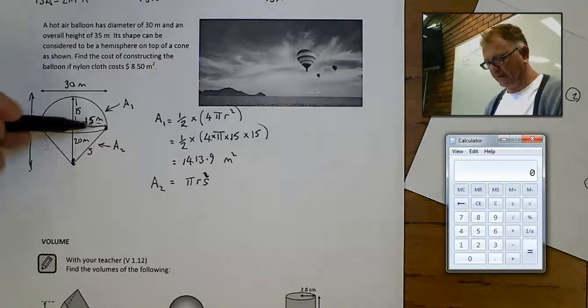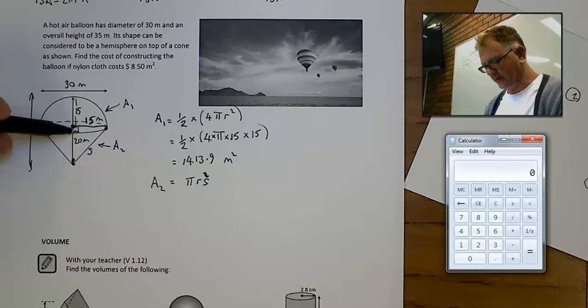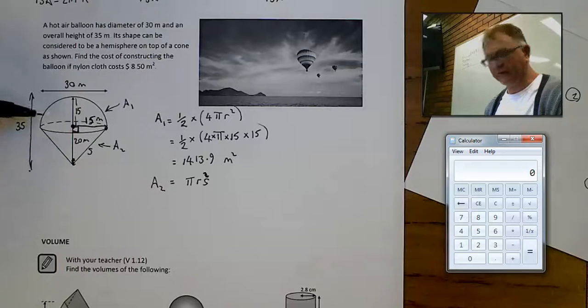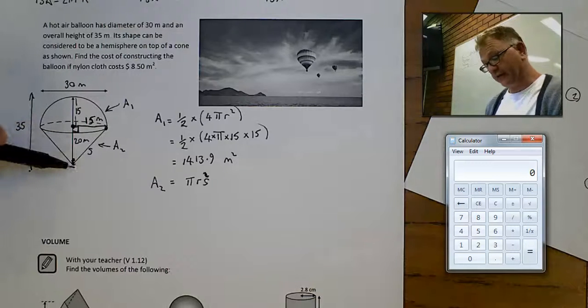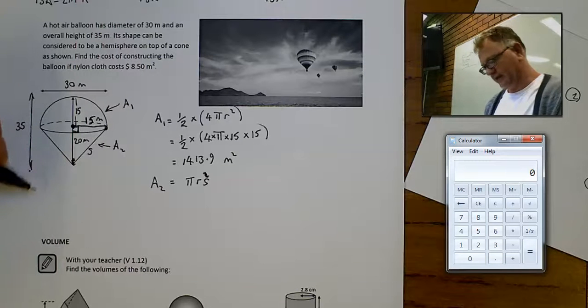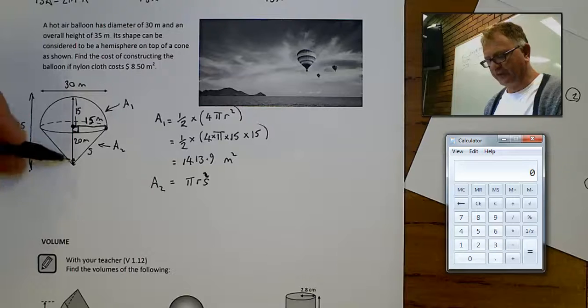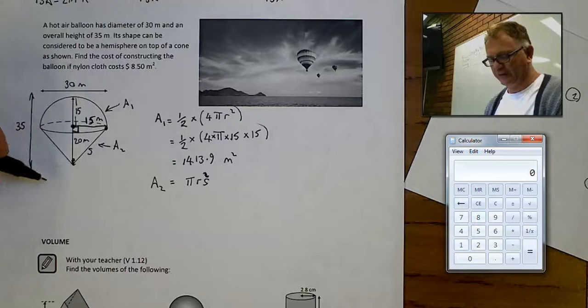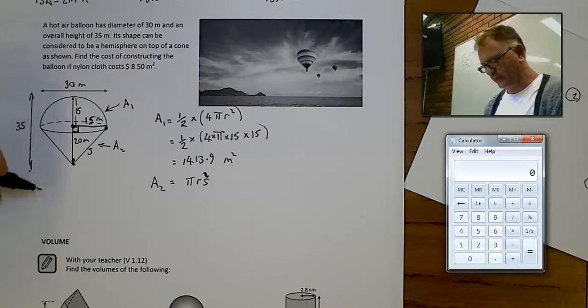Now I'm looking at this triangle here. It's a right-angled triangle, and I think you know how to find the third side of a right-angled triangle. Maybe in grade 8 or grade 9 we did Pythagoras' theorem. We could use it here.